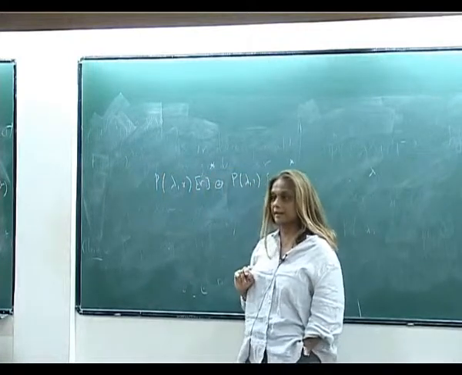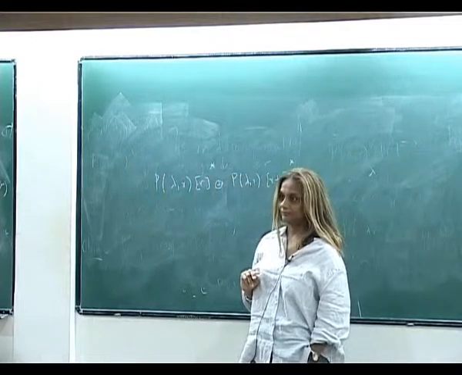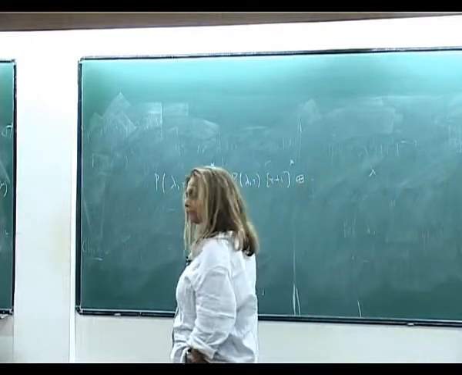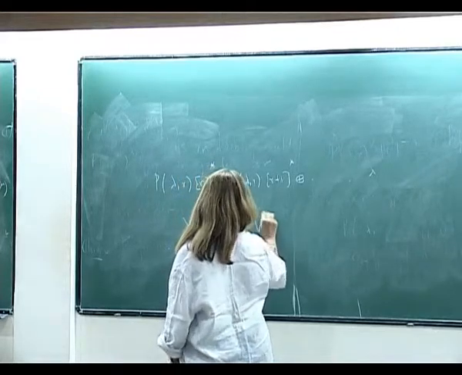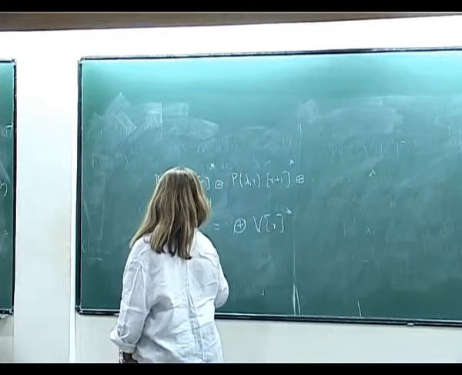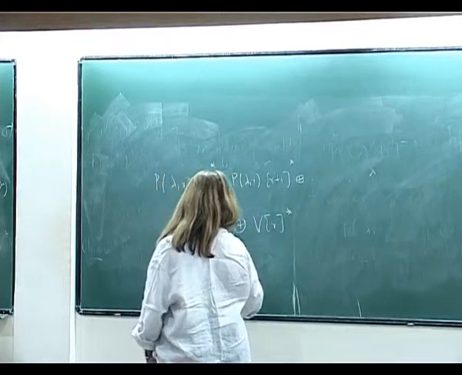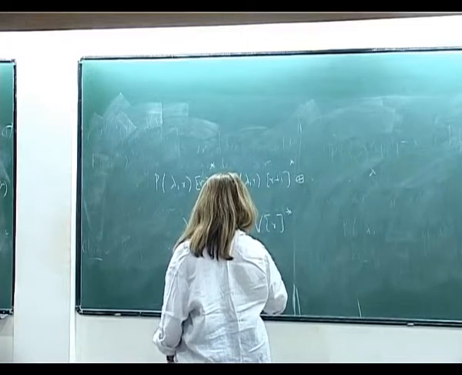And how did we declare the grade on the dual? So if you take V, V dual is equal to the direct sum of V_R star, right? And then I said that V dual R is equal to V minus R star.